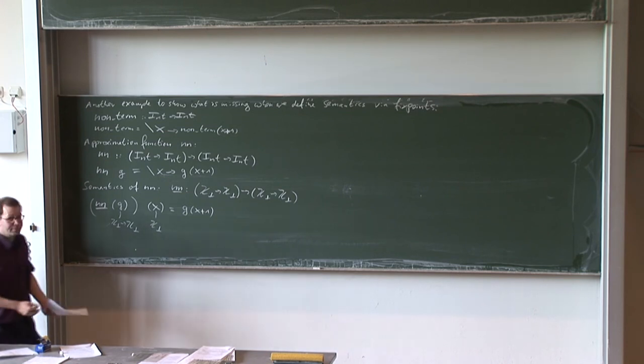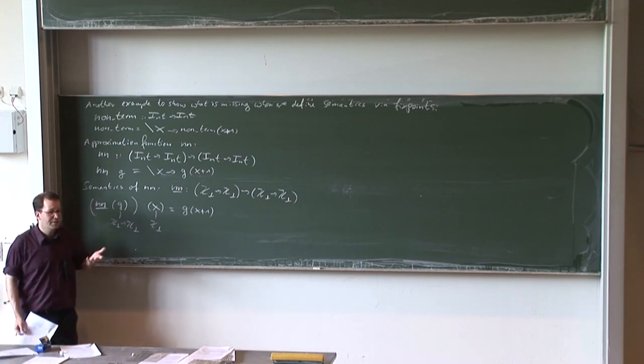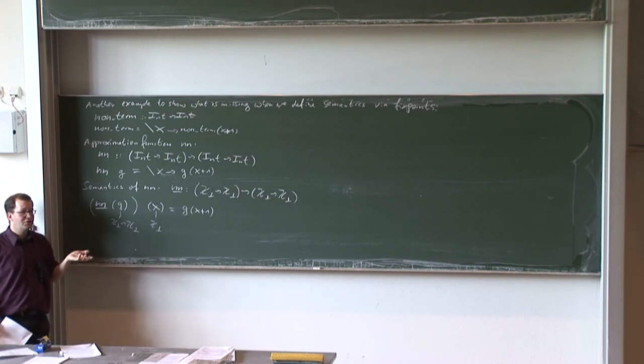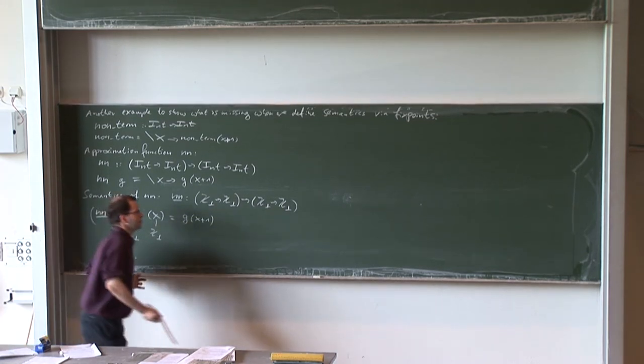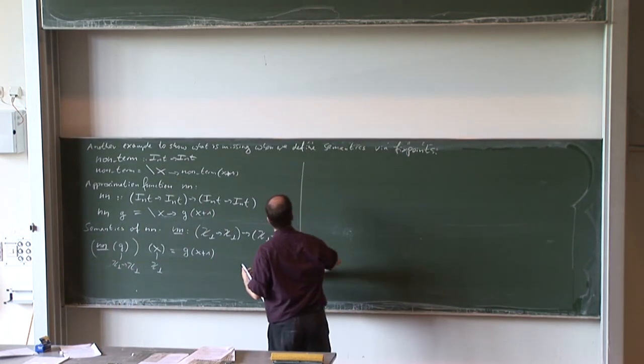Now, we have two ways of defining the semantics. With alternative 1, we would build this chain starting with the undefined function, then we apply nn underlined once, and then twice, and then 3 times, and so on. So let's see what happens.